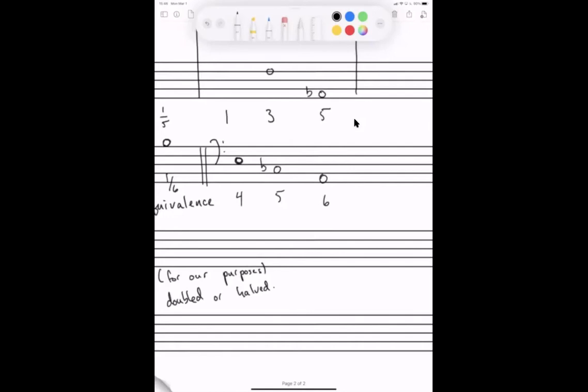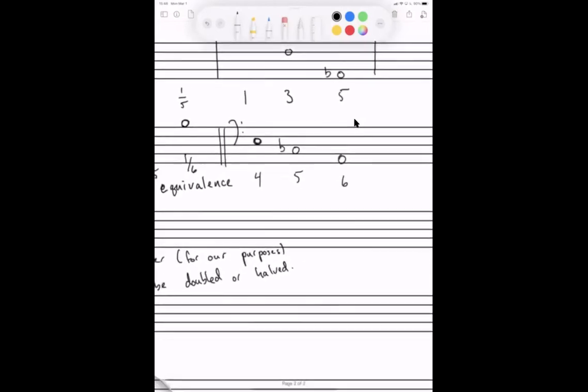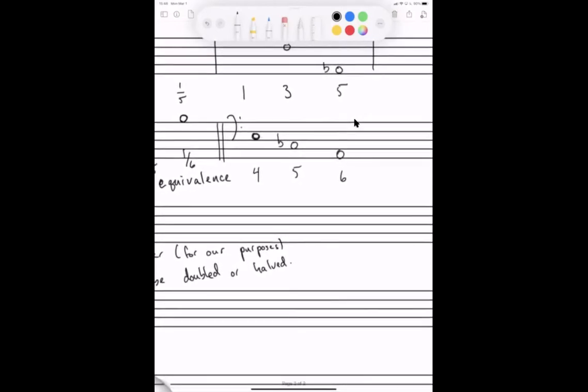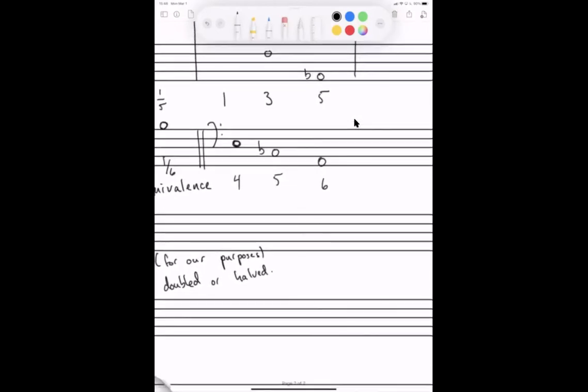But Rameau, being a continuo player, did not go that far. He believed that the F is the fundamental tone of the minor chord, and so he rearranges this to give us F, A flat, C, and he writes that as 6, 5, 4. So now let's take a look at his examples where he shows this.